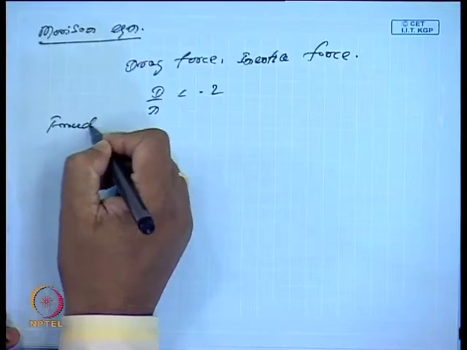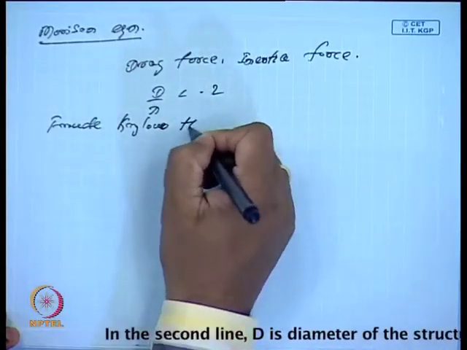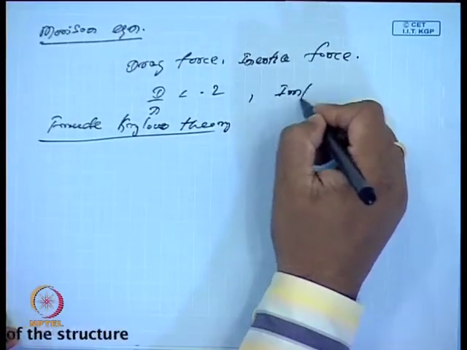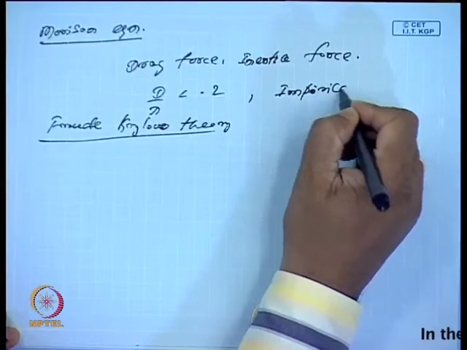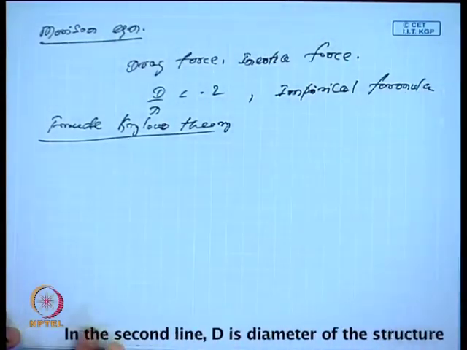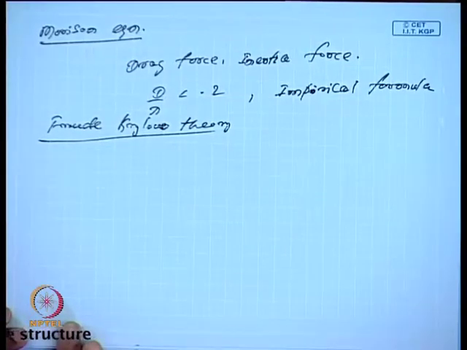On the other hand, if I look at the Froude-Krylov theory, this is an empirical formula which depends on the inertia coefficient, the drag coefficient, and a mass coefficient, sometimes called the added mass coefficient.